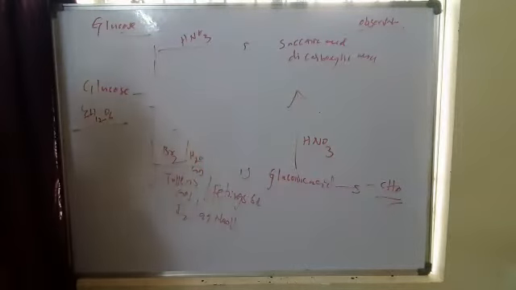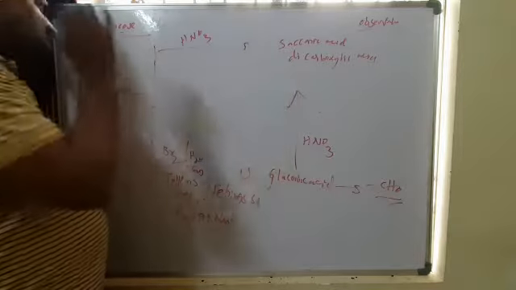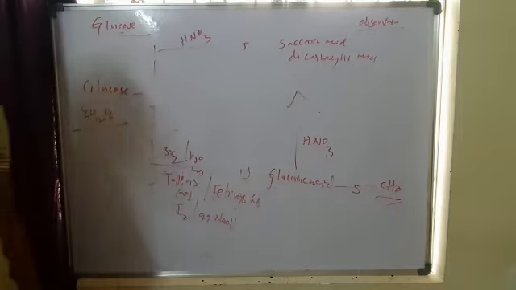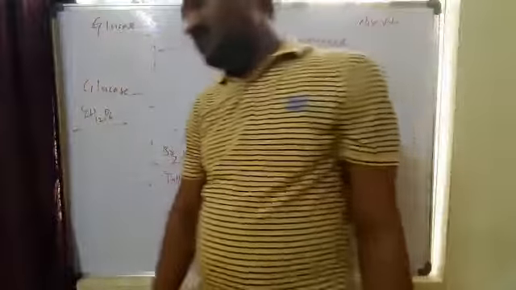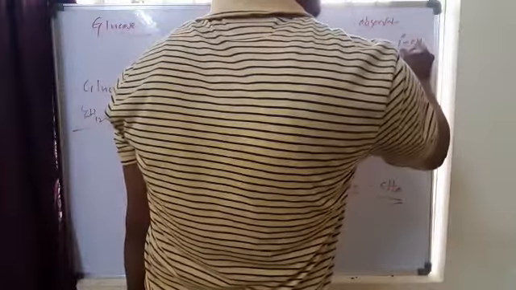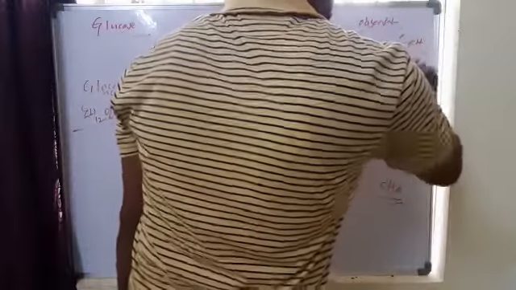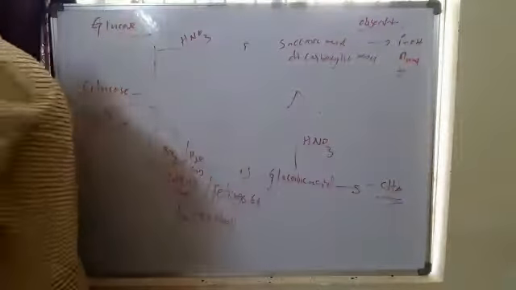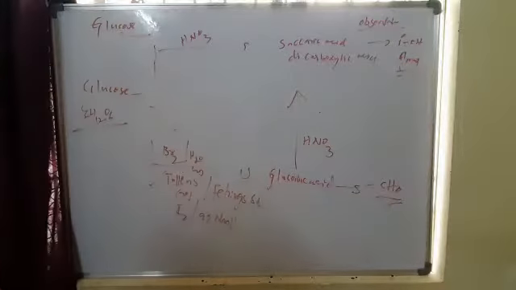By using this, we can identify that glucose has a primary OH group at one end.